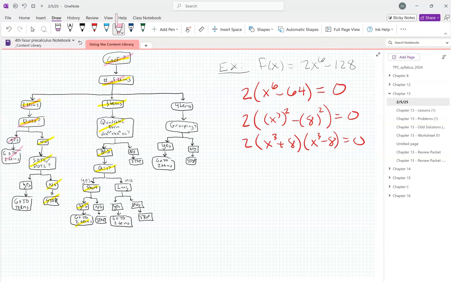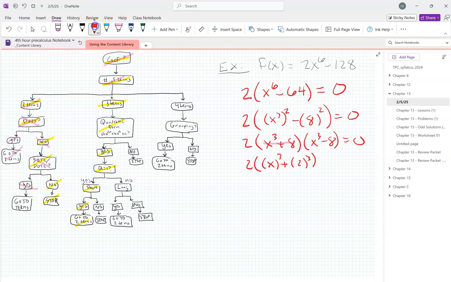But now we have to check those down the 2-term branch. So x cubed plus 8, is that a difference of 2 squares? No, right? Because it's cubed. It's an odd power. It can't be a perfect square. So is it a sum or difference of 2 cubes? Yes, right? So obviously x cubed, but 8 is 2 cubed.